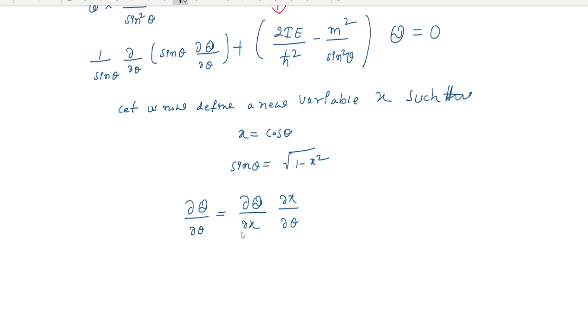Minus sin theta, right? So partial derivative of x divided by partial derivative of theta, you get minus sin theta. This information I am using here.